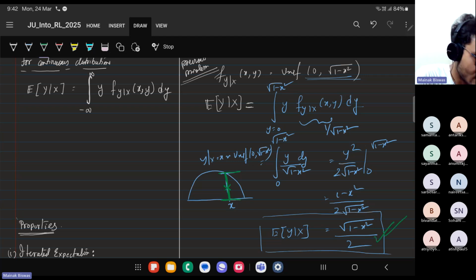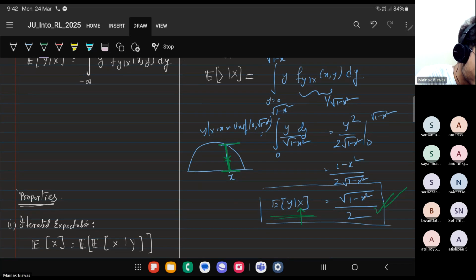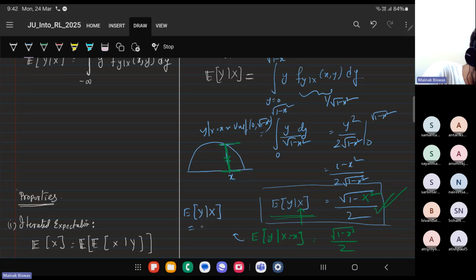Do you see that given x, this is a random variable? For this particular question, we had selected a particular x, and this turned out to be 1 minus small x square by 2. But for any general x, do you agree that the expected value of Y given X, when I observe it, is 1 minus x square by 2? So this is where the feel good factor comes in.